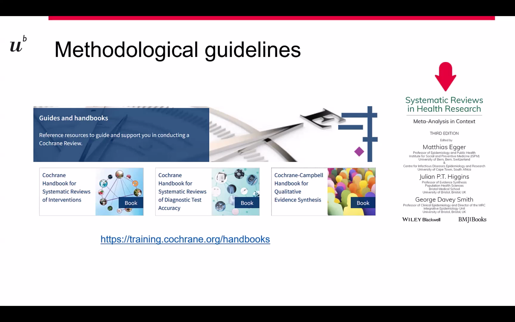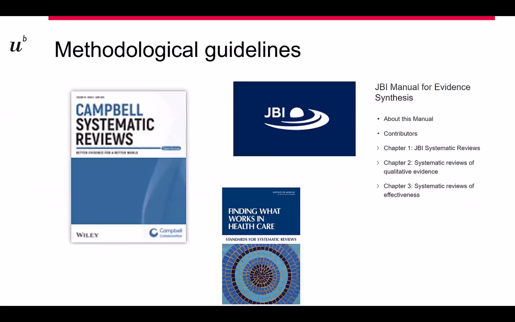For example, this book is authored by one professor in-house, and we have plenty more books that can help you. There are also organizations that give you guidance, as is the case of the Campbell Collaboration for the social sciences, where you can find more tailored guidance if you are doing a systematic review in that field.